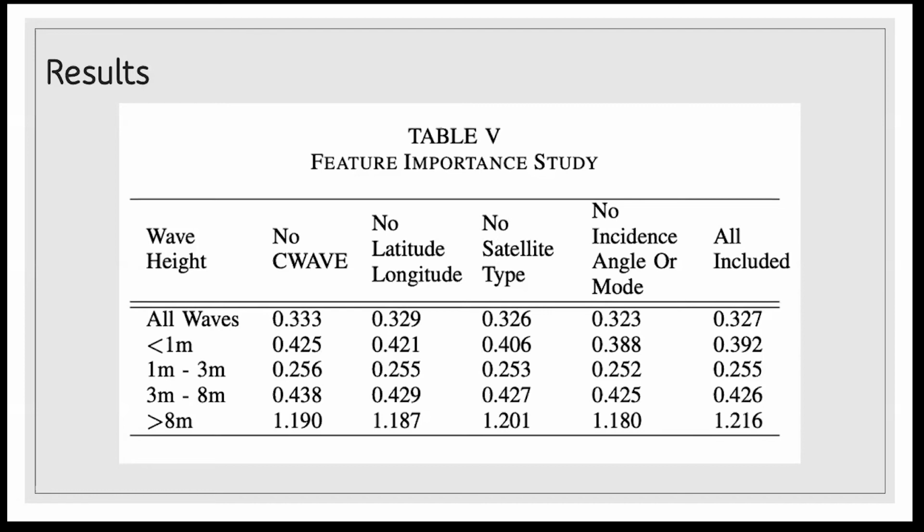If you look at when we remove the CWAVE parameters, we see a more noticeable effect due to the removal. Again, we hypothesize that this is probably because we don't have enough data. By including the CWAVE parameters, which are essentially information that's already included in the image, we kind of bias our model towards extracting that particular information, which can be useful for predicting significant wave heights.